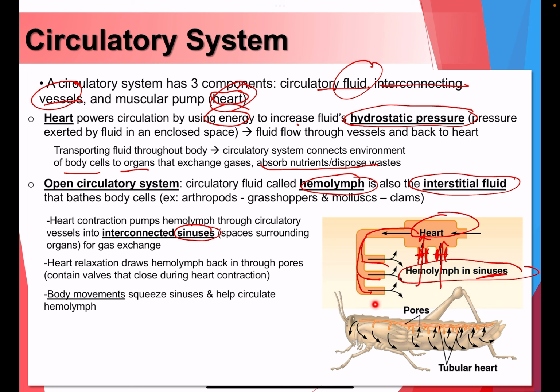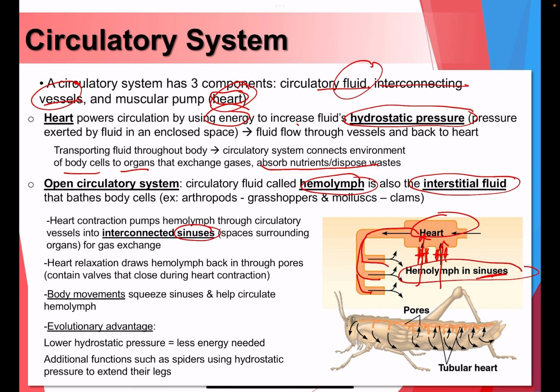in this picture here. All right, so there are evolutionary advantages to an open circulatory system, because you're like, well, if these are so inefficient, why do we still have it? Because natural selection always selects for the best, right?